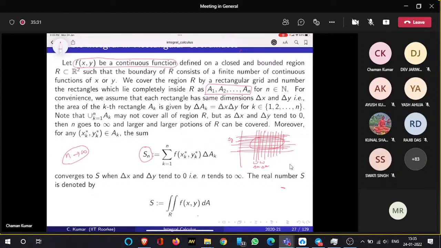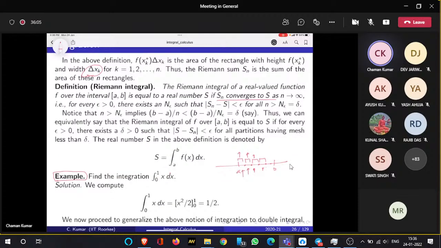When n goes to infinity, Sn converges to S, exactly the same meaning that we have written here: the meaning of Sn converges to S when n goes to infinity.